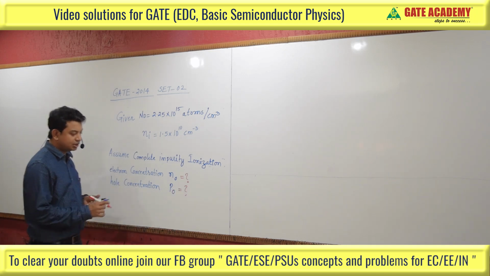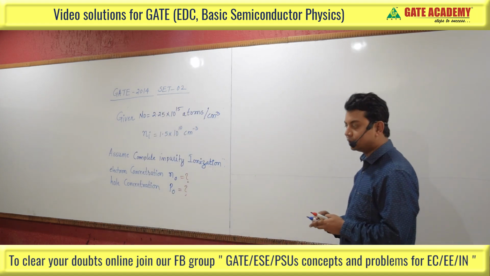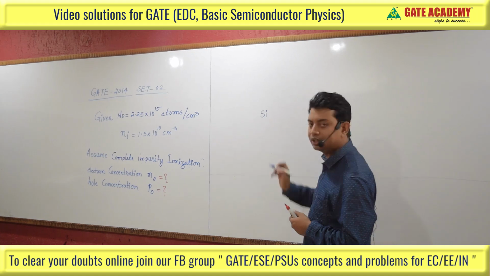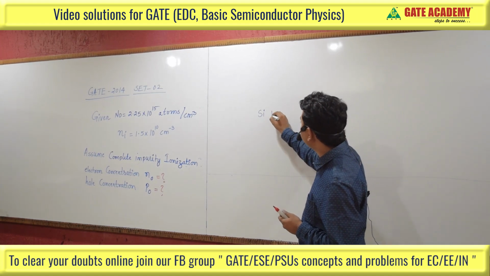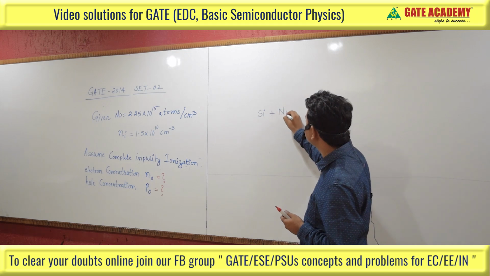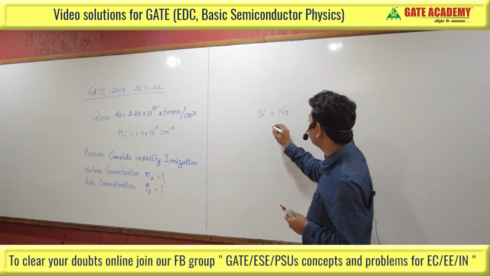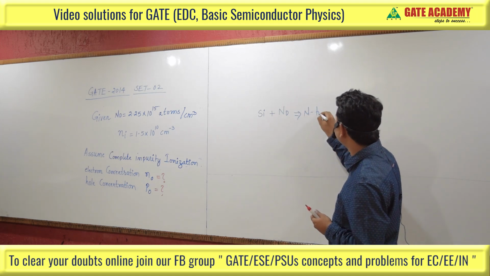First, we have to assume a silicon bar. This is an intrinsic semiconductor, and if donor atoms are added to this silicon, the resultant semiconductor is nothing but an N-type semiconductor bar.